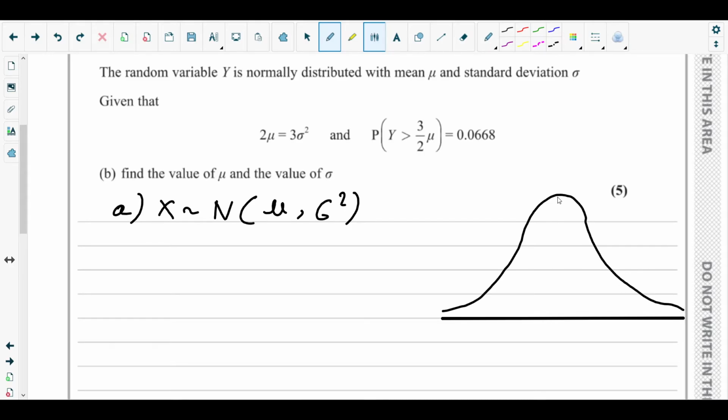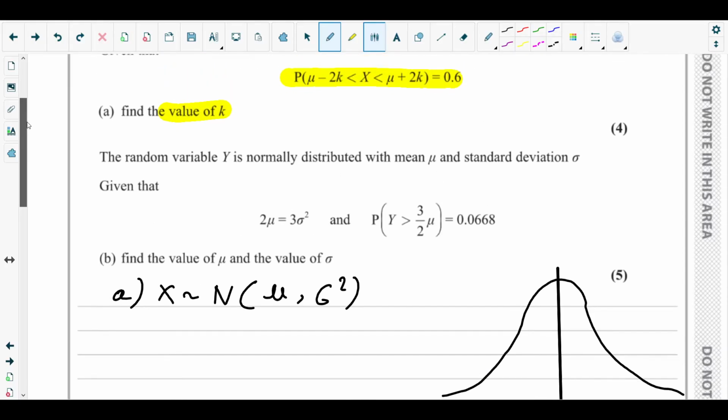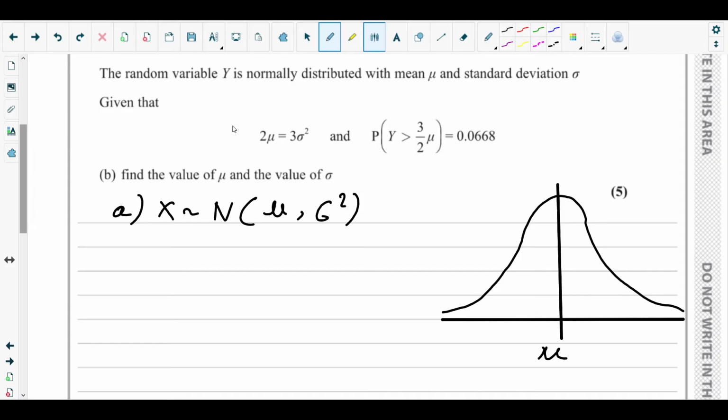Right at the middle of the bell curve is the mean, mu. Since the bell curve is symmetrical, mu minus 2k and mu plus 2k are equidistant from the mean. This is mu minus 2k, and then this one would be mu plus 2k, symmetrical.